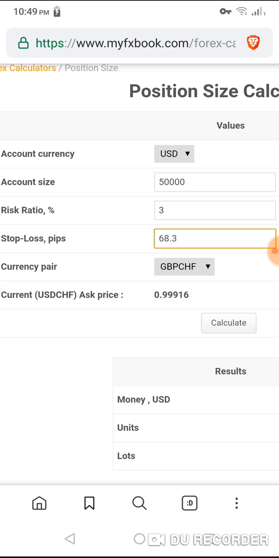That way we're only risking 3% of our portfolio on each trade. The stop loss pips and our currency pairs, we got that information from the trade setup page. We're going to hit the calculate button.